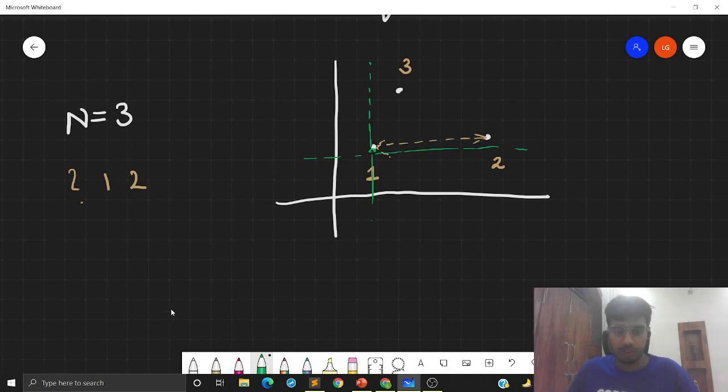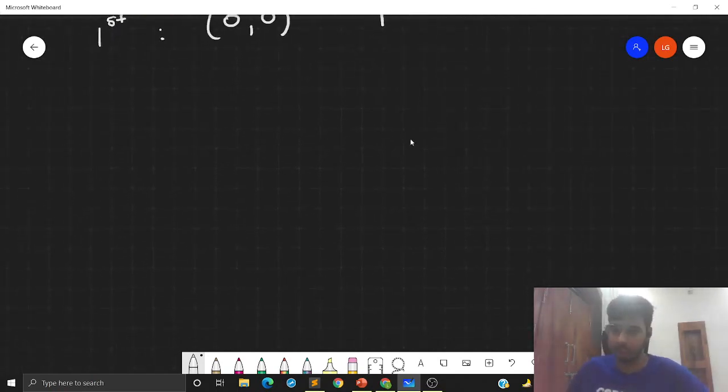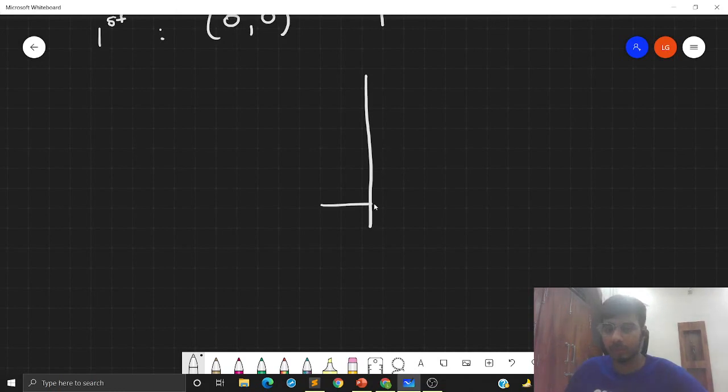So we have that the coordinates of the first point are 0, 0. Why have I assumed that? Because I know that it will not change my answer. So now can we solve our problem in a better way?